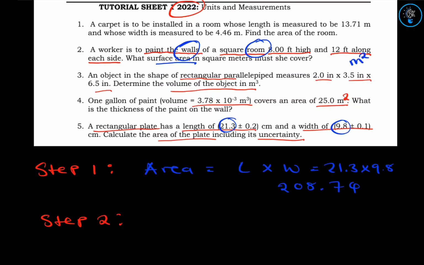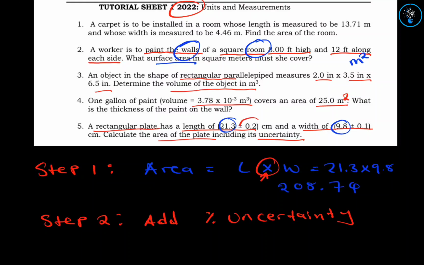To work out the uncertainty of your solution, you need first to look at the type of operation you performed. We are performing multiplication, and for multiplication, we know that we add percentage uncertainties. So let's add the percentage uncertainties.